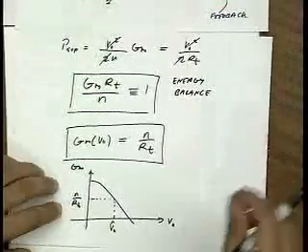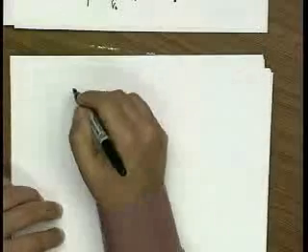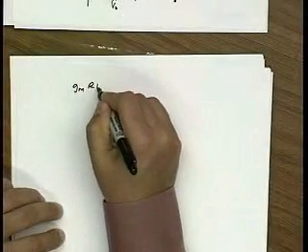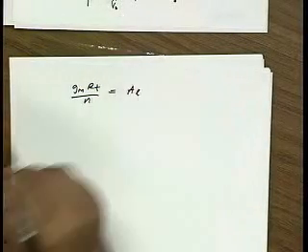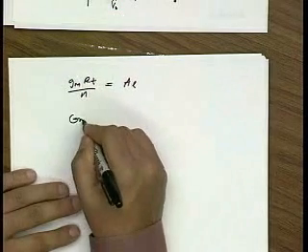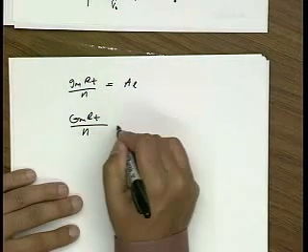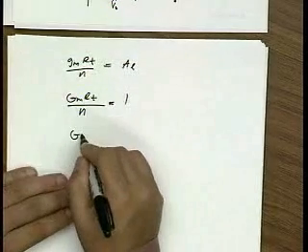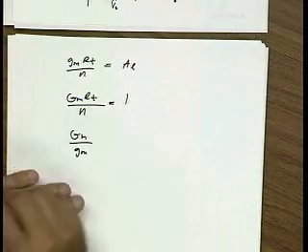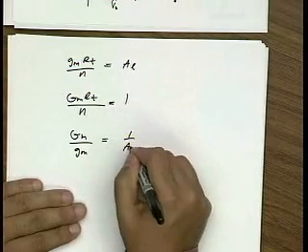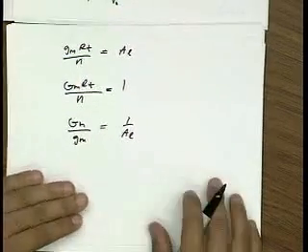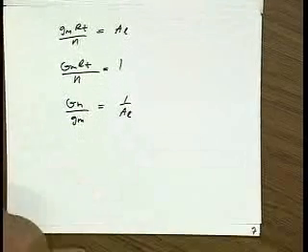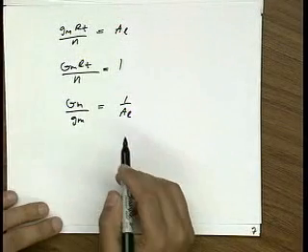Now, the way we did this last lecture was we actually related this to the initial loop gain. So this is just another way of doing it. We know that little gm RT over N is the loop gain, and we know capital GM RT over N is equal to 1. So if I take the ratio, it says that capital GM over little gm is 1 over the loop gain. So this is an alternative way of calculating the steady state amplitude.